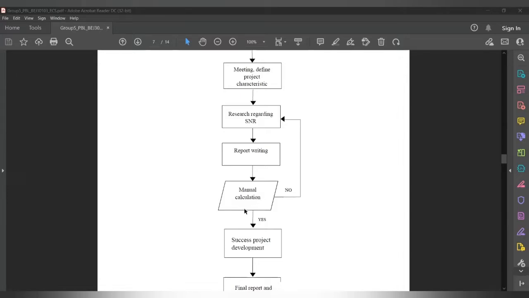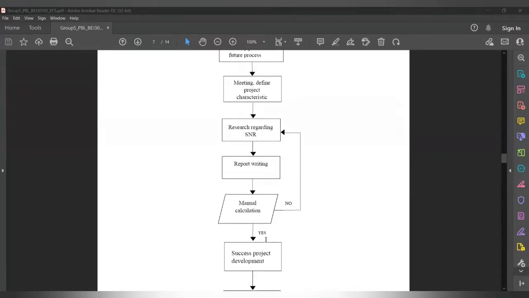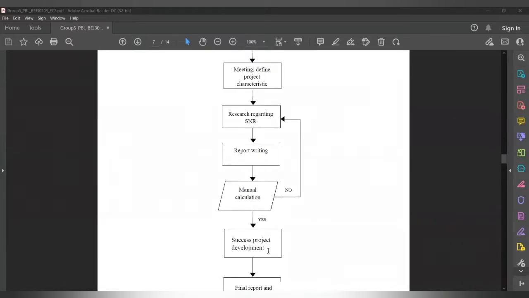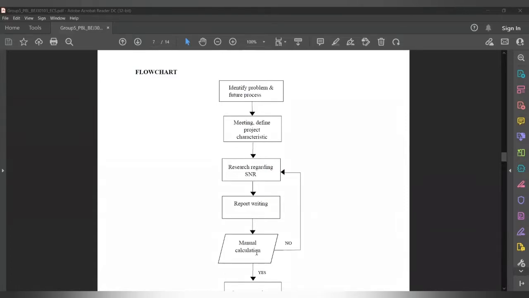After we successfully get the correct value, we can go to the next process, which is the project report writing. If we can't get the correct value, then we have to go back to do the research regarding SNR. We have to know how to do the calculation.